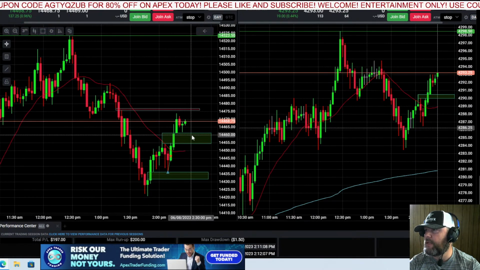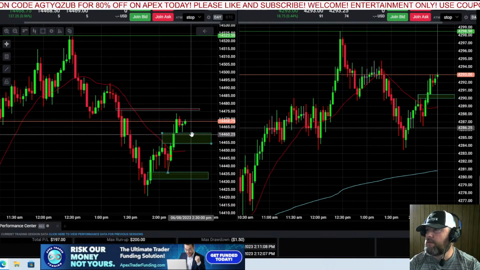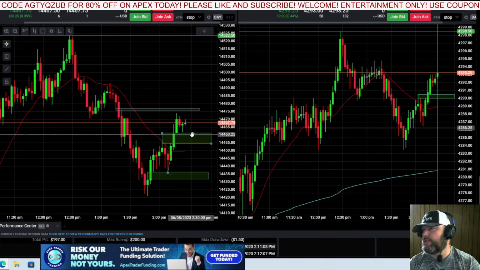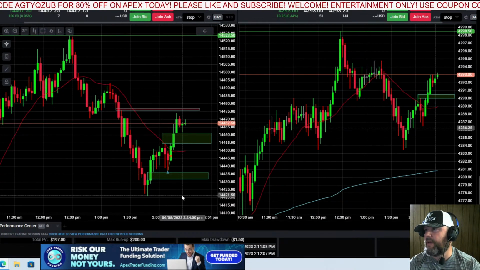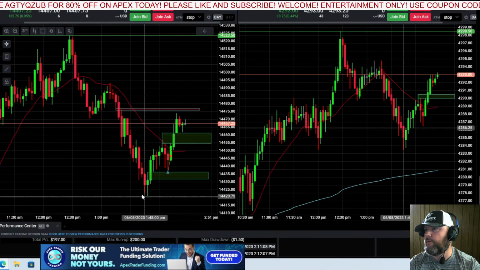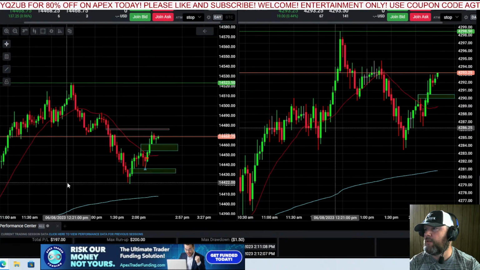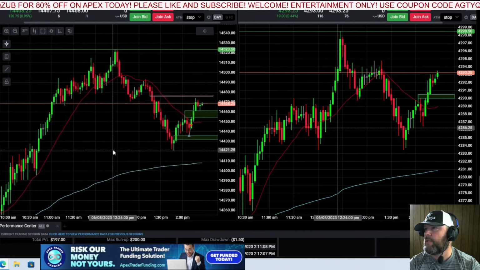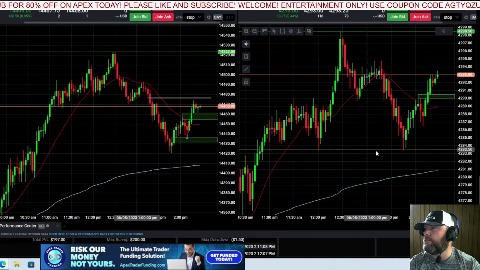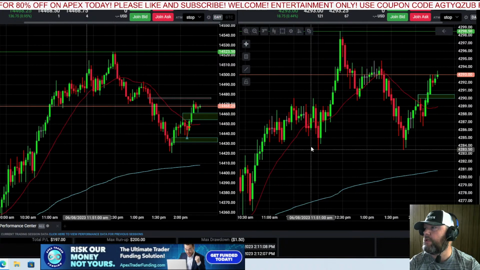It's not really an indication of what direction it's going to go, so it could trade through this imbalance altogether and come take out this low, which we don't have relatively equal lows on the NQ like we do on the ES. I mean, we have two perfectly equal lows here on the ES.